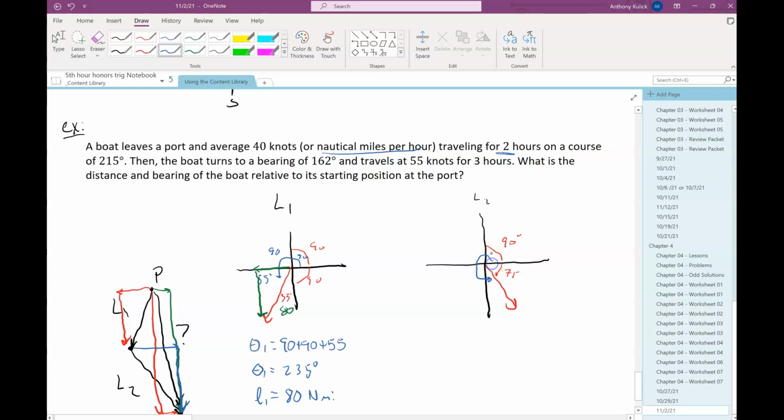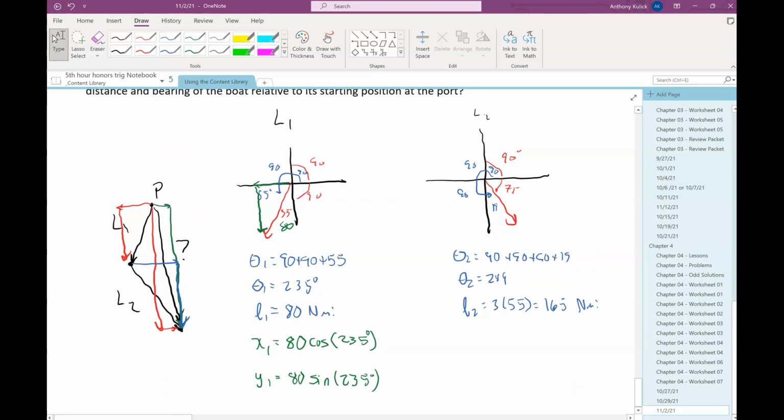165, you said? Yeah. And then, just like before, I'm going to break this into a horizontal component and a vertical component.